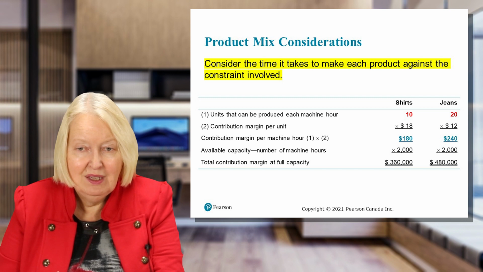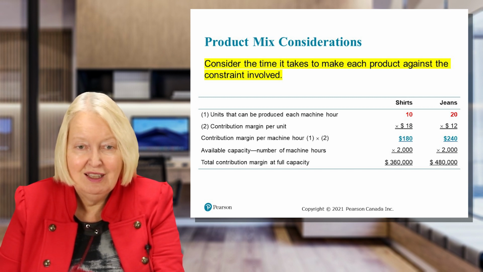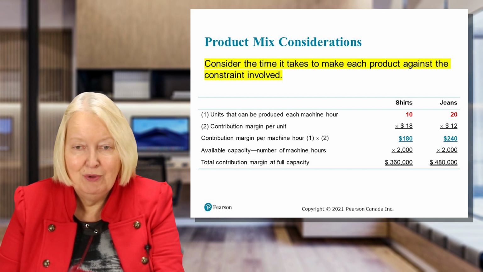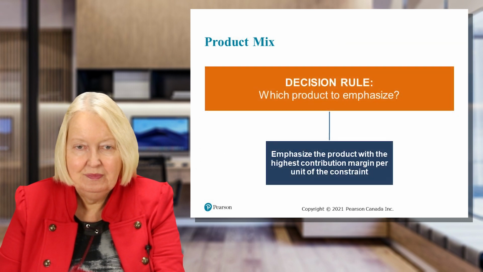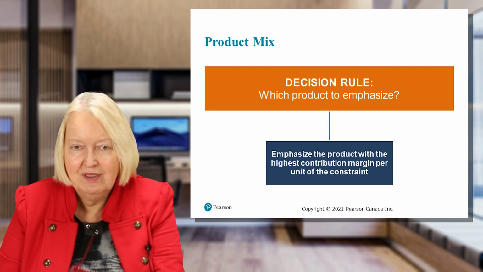You're only making $12 per pair, but you're making 20 pairs, so that gives you $240. So it's more profitable to be making the jeans versus the shirts. The decision rule, again, is to emphasize the product with the highest contribution margin per unit of constrained resource. It's not per unit of the product, it's per unit of constrained resource.